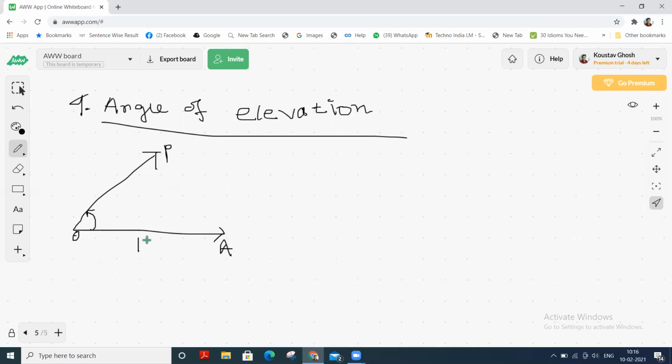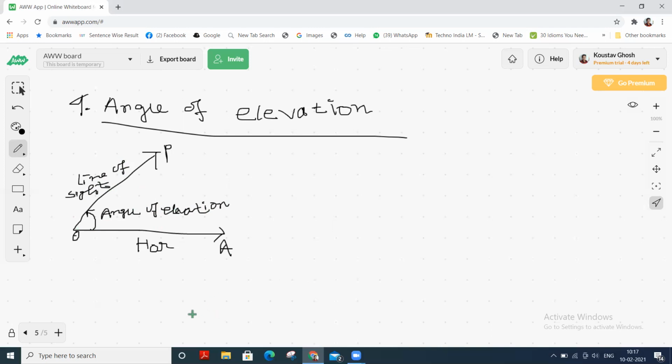This is the horizontal line. This is the angle of elevation. And this is the line of sight.